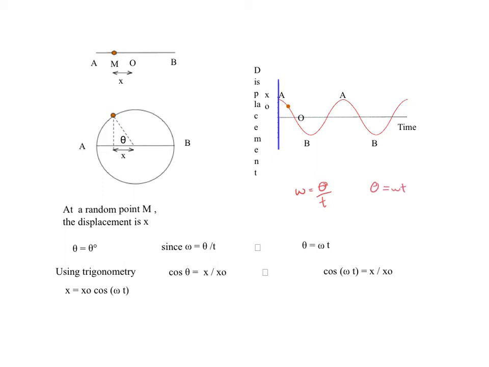We also proved how we used the amplitude and this angle theta to get x is equal to A cos theta, and since theta is omega t, x equals A cos omega t.